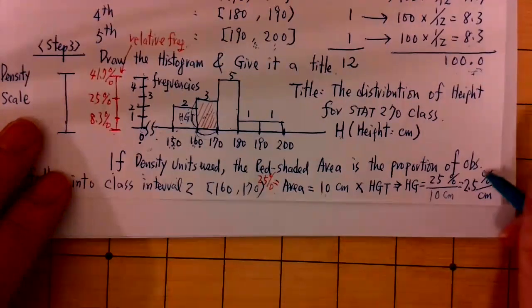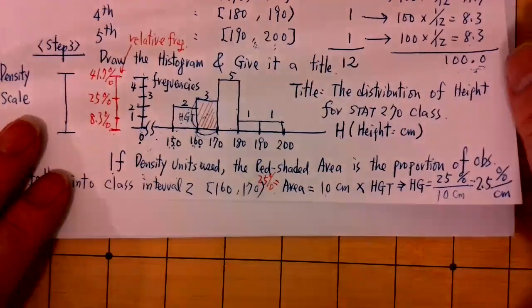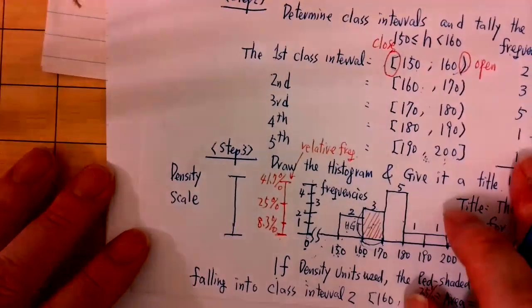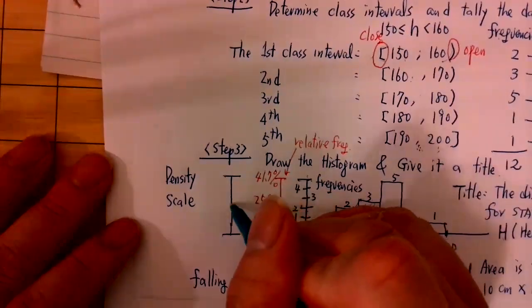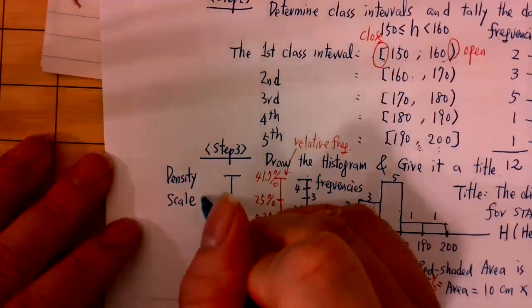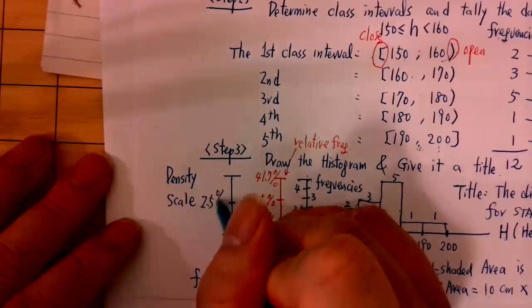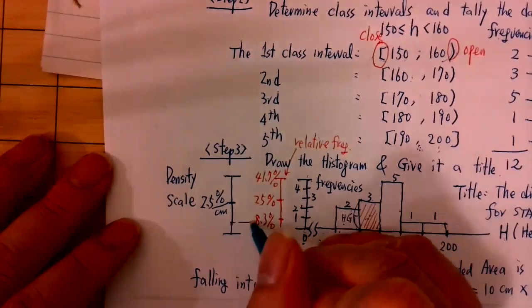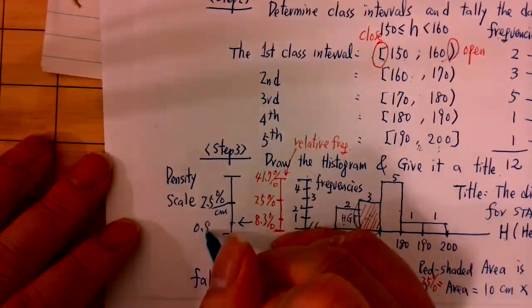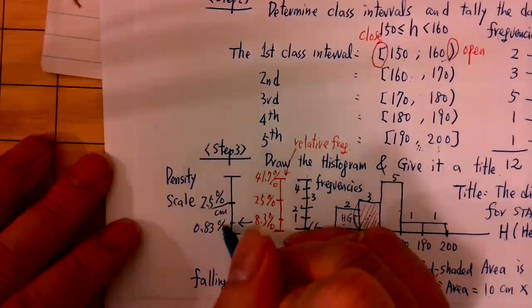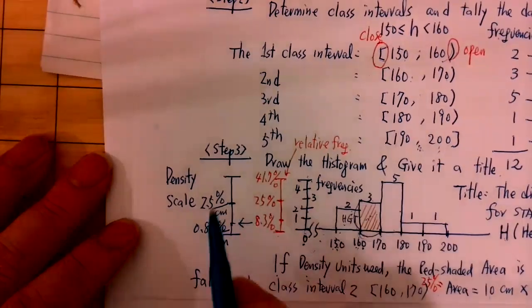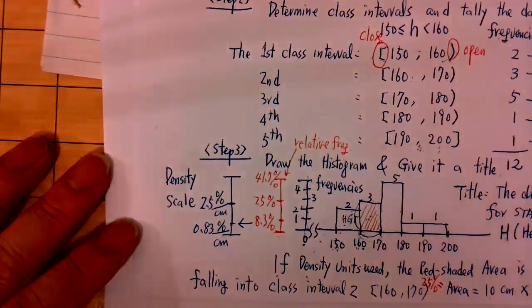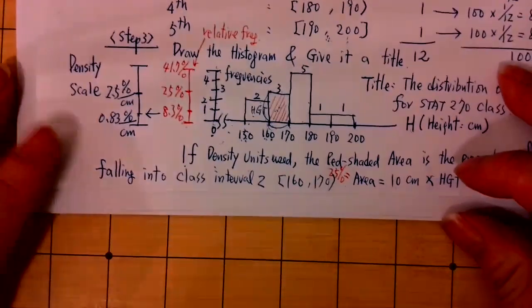This is called density units, okay? So the conversion comes here. This converts to what? 2.5% per centimeter. And 8.3 converts to 0.83% per centimeter. These are what we call density scale or density units, okay? If you want to copy, go ahead.